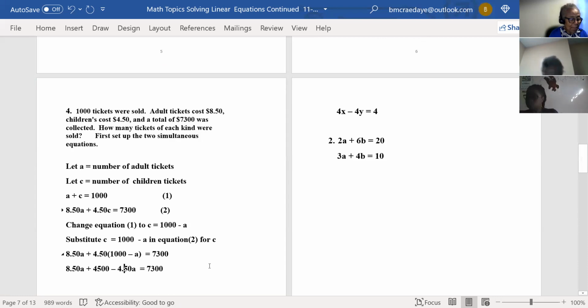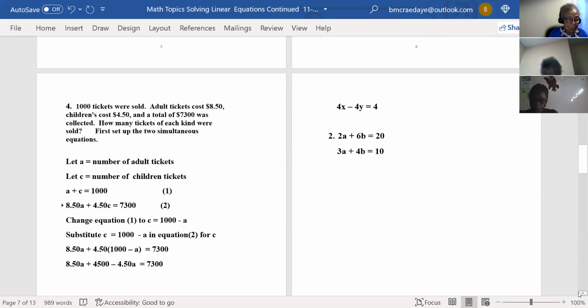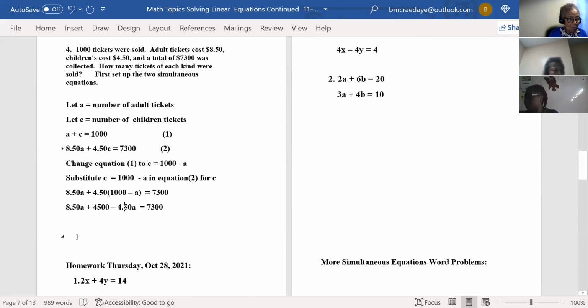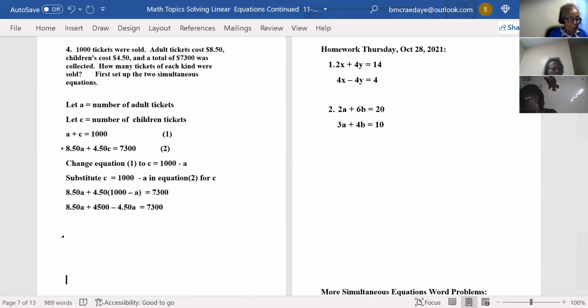You want to combine your like terms, Maureen. How do you combine your like terms? What are your like terms here? 8.50A and 4.50A, and the constants 4,500 and 7,300.